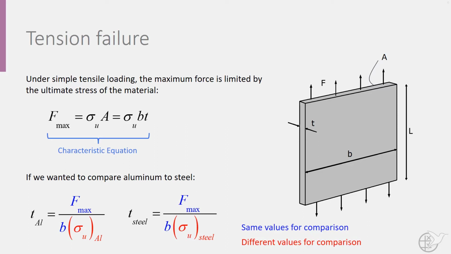Similarly, the width of the plate will be the same as it is dictated by the size of the wing. So as a result, we would obtain two different thicknesses for the plate. The different thicknesses for these two materials combined with the different densities of the materials would mean that the weight of the aluminum and steel plates would be different for the same F max.